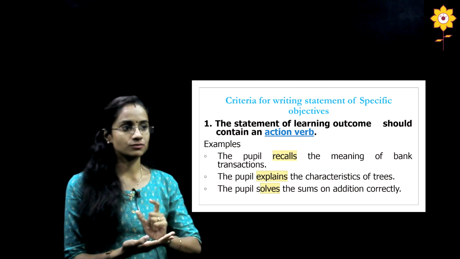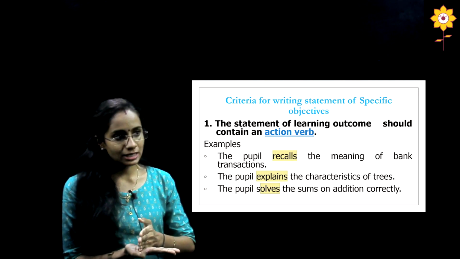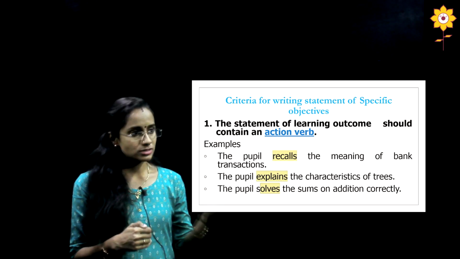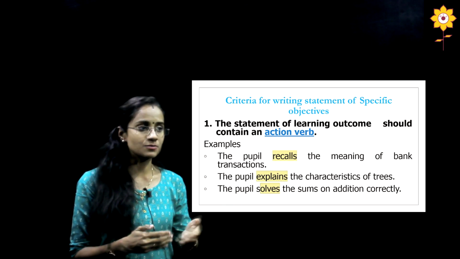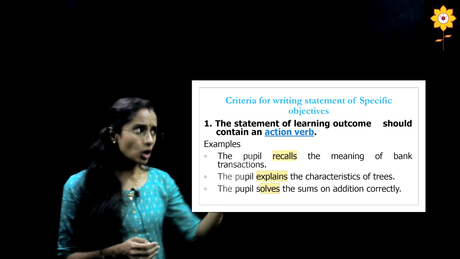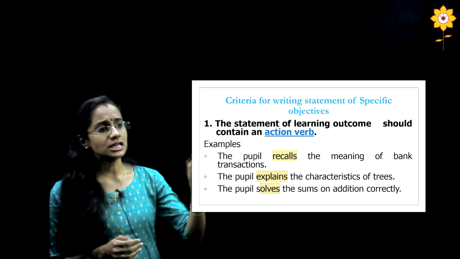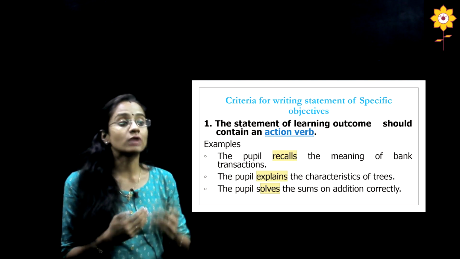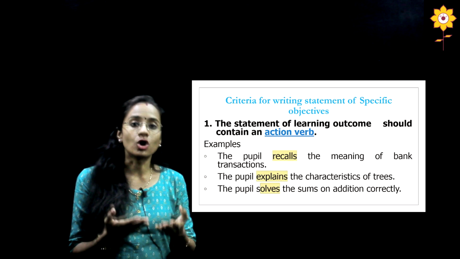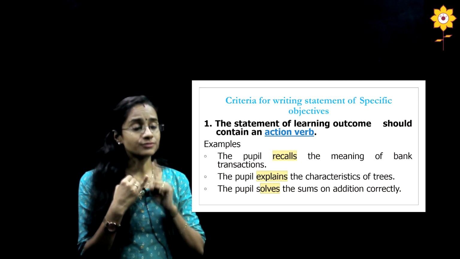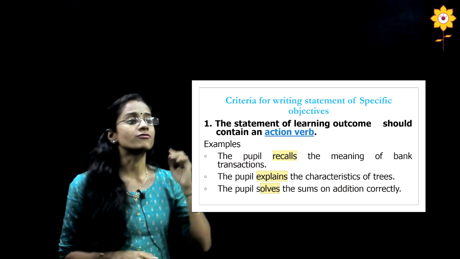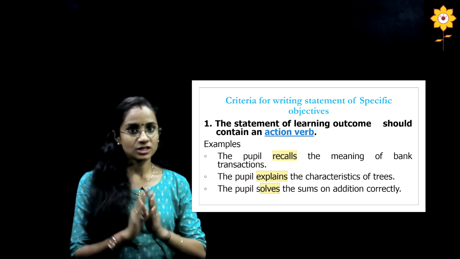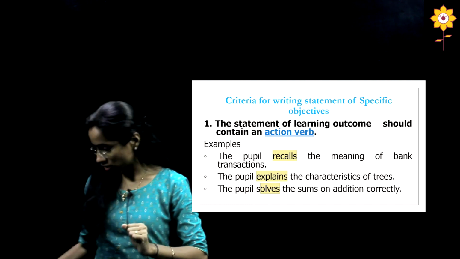So there should be an action verb, like the pupil recalls the meaning of bank transactions, the pupil explains the characteristics of trees, the pupil solves the sums on addition correctly. So if you observe here, you can see that in each of these there is an action verb which I have highlighted, like recalls, explains, solves. Right. So remember, the first criteria is the statement of learning outcome should contain an action verb. So it is clear. So it should have an action verb.